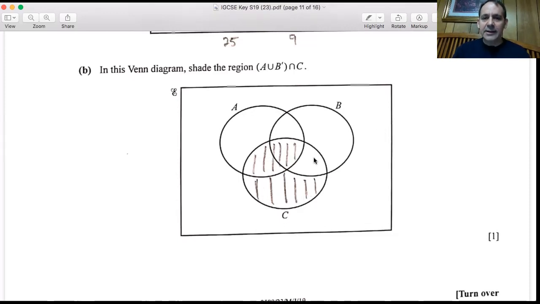This one here is not in A, and it is in B, so that one is not included. This means the union of A not B, that intersected with C.